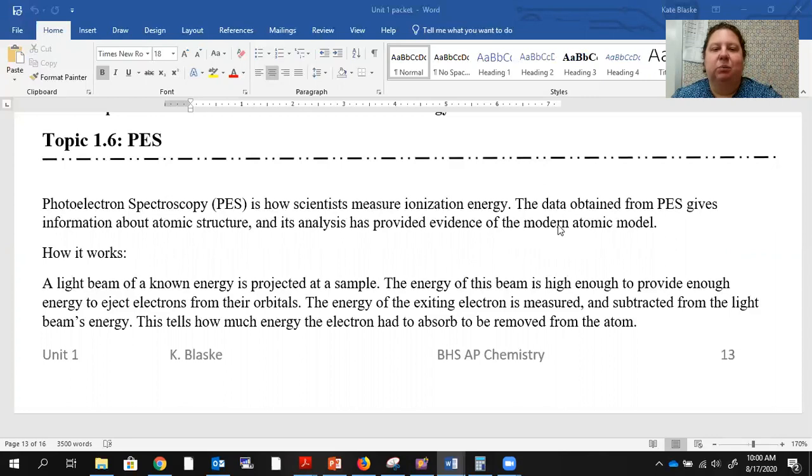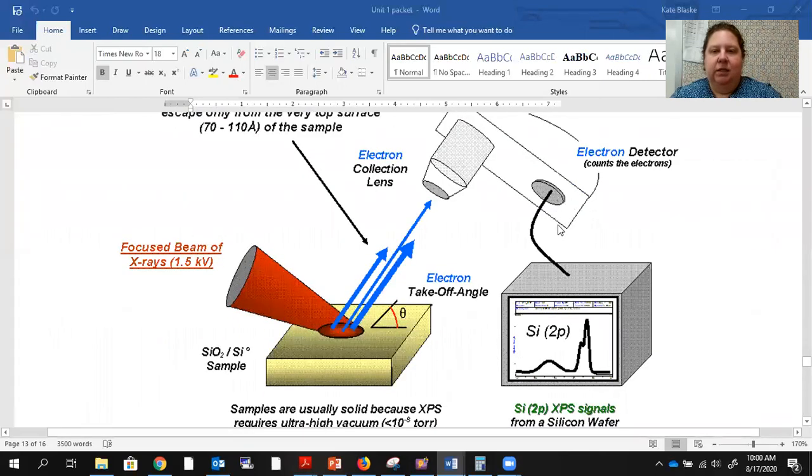So what happens in PES is, we shoot a beam of energy with high energy at a sample that has enough energy to be able to ionize all of the electrons in an atom.